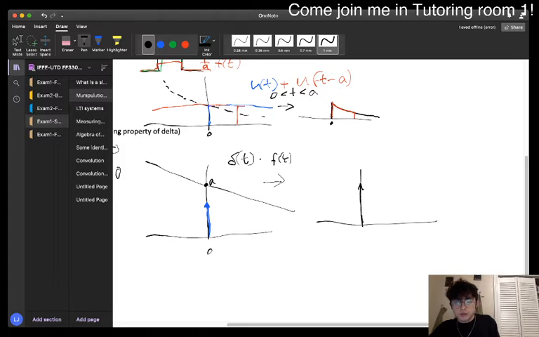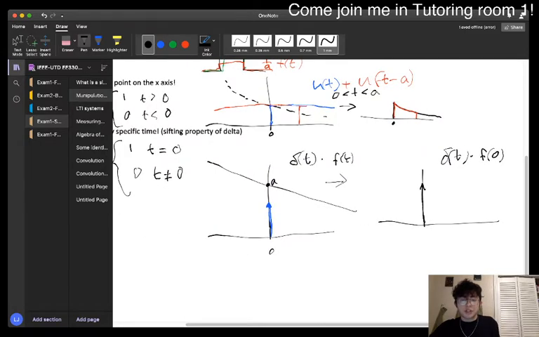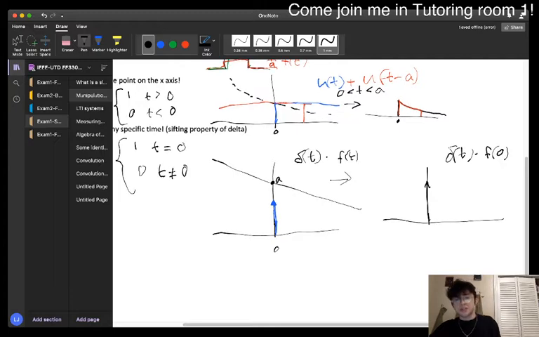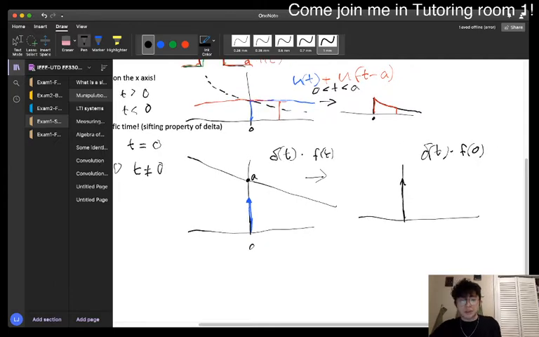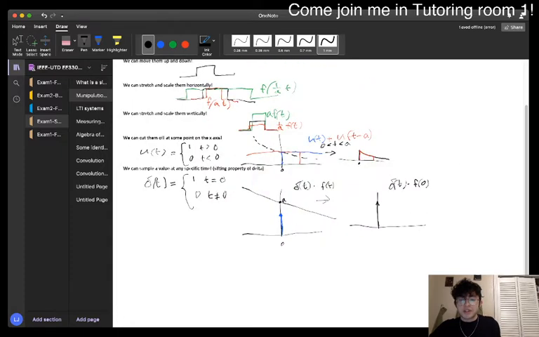So we have delta of t times f of 0, where 0 is the point that was sampled. So this is great. This will let us turn continuous time signals into discrete time signals, and vice versa. It's great, but that's all we need to know for right now. Multiplying by a delta gives us a scaled delta.